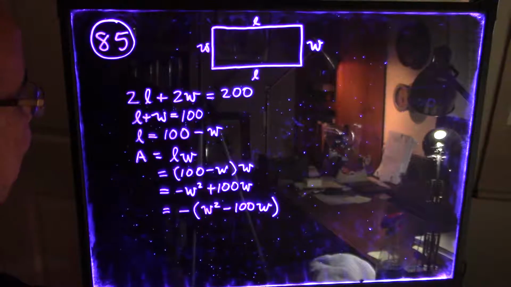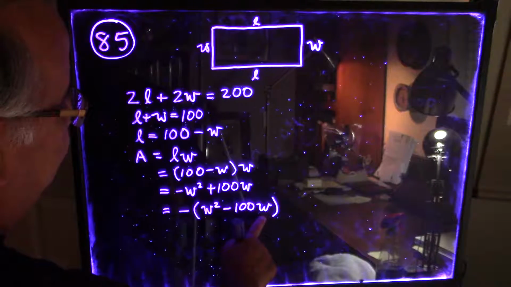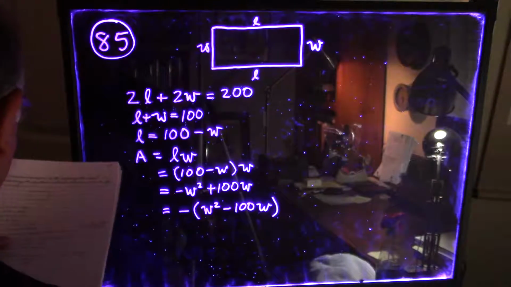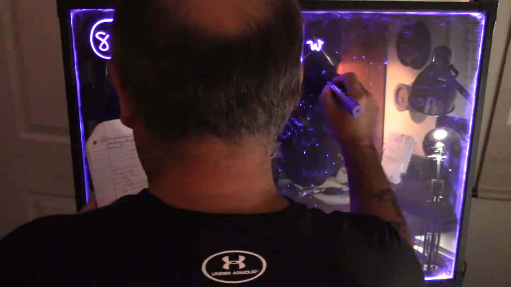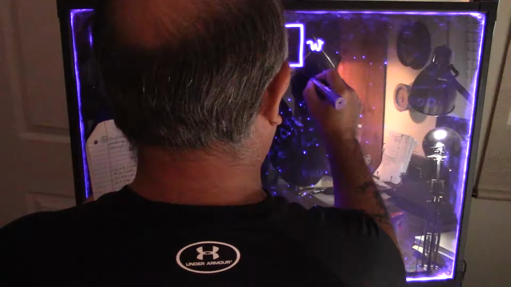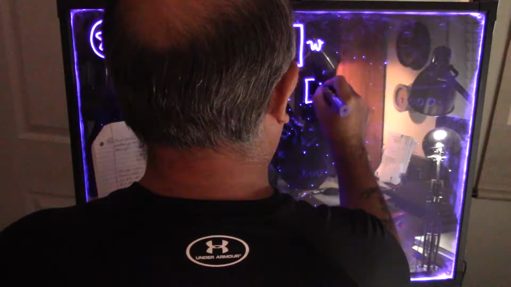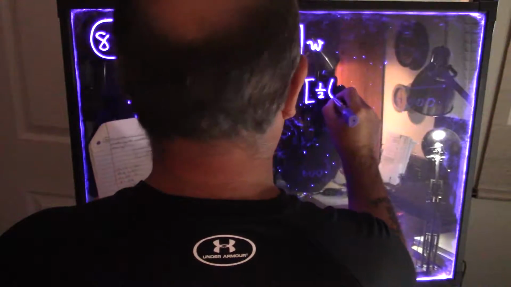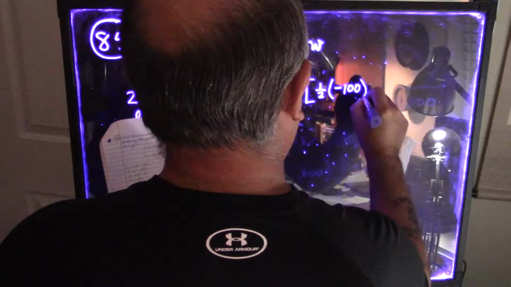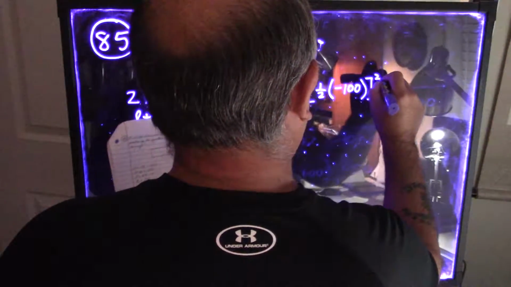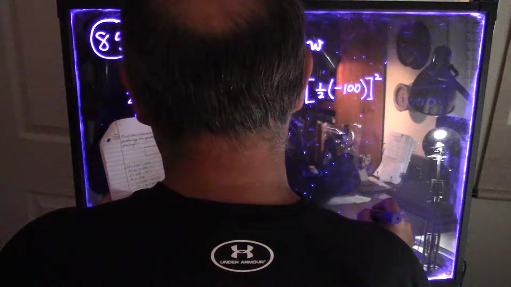So you take half the coefficient of x. In this case we're using w's instead of x's. Okay, so half the coefficient of w. Let me do it over here. Call this our scratch area. So I'm going to take half the coefficient of w. That's half of -100. And square that. And then we're going to add and subtract that in parentheses.